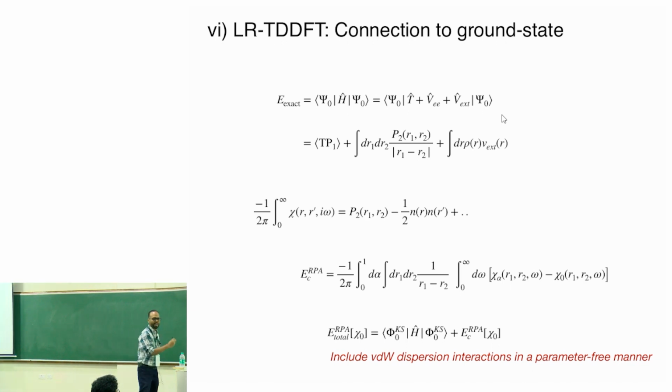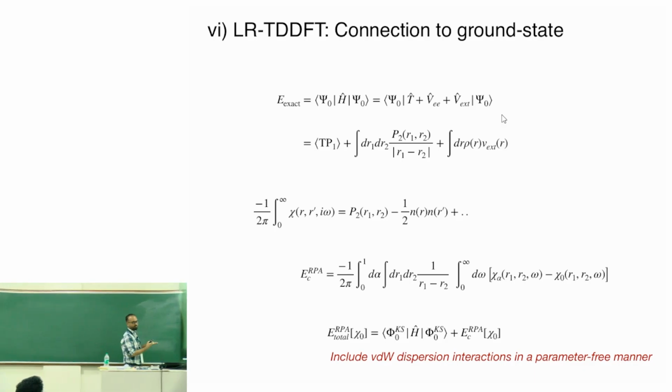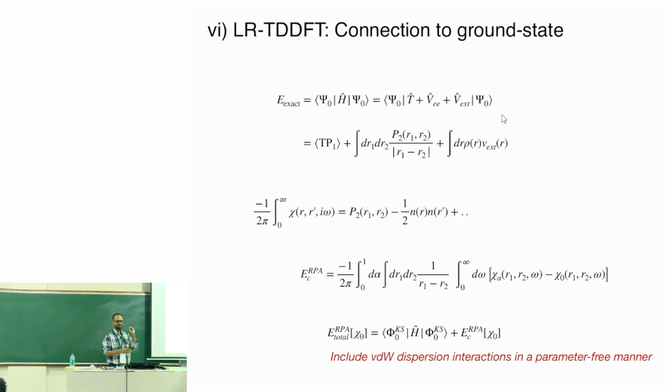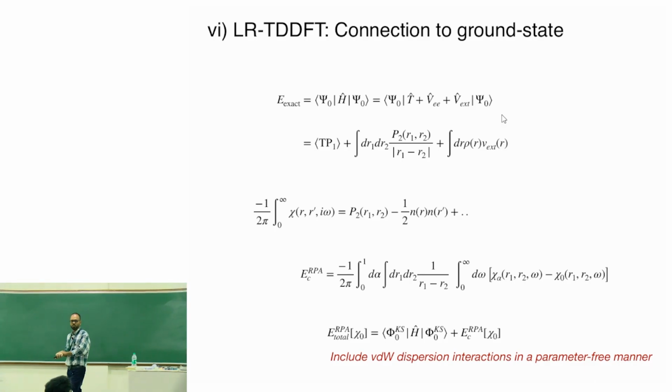So ECRPA has both terms. You can actually estimate the potential easily. There is no analytical form for the kinetic, so you can just subtract and get the kinetic correlation. So you can get both parts from here.